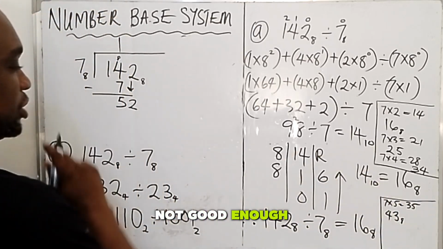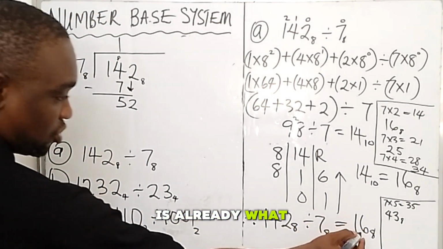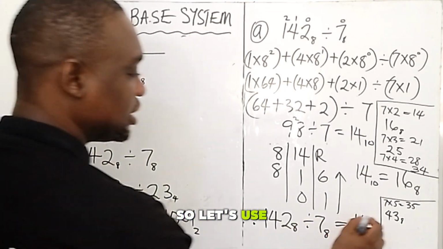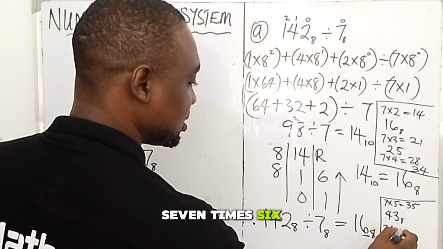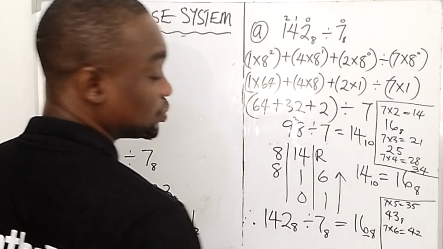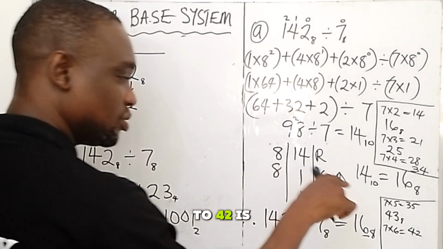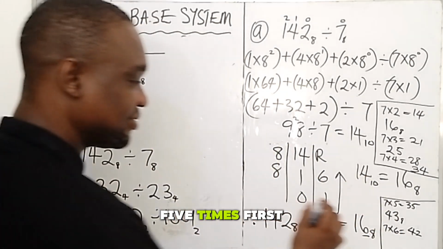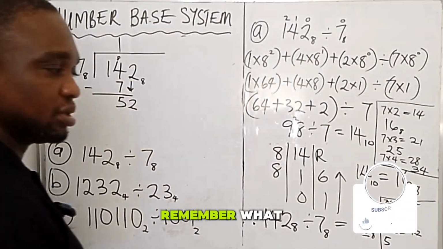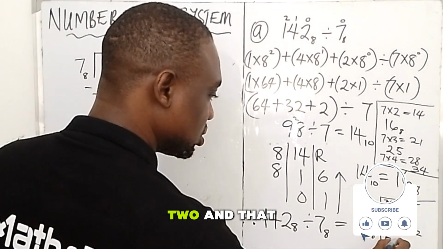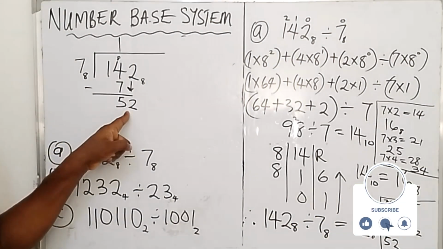Not good enough. Let's go for our 6, which is already what we have here. So let's use 7 times 6. 7 times 6 is 42. But 8 into 42 is 5 times, first of all. Remainder 2. And that is exactly what we need here.